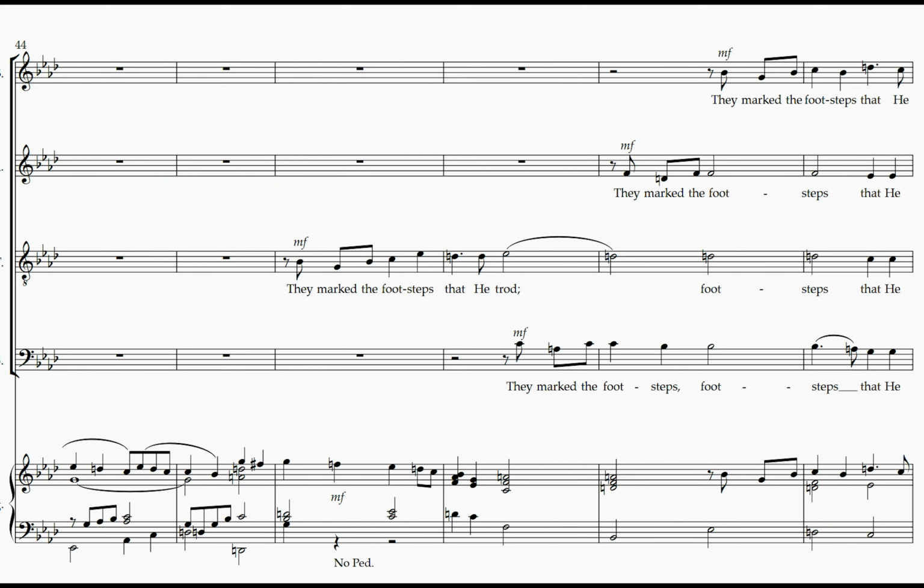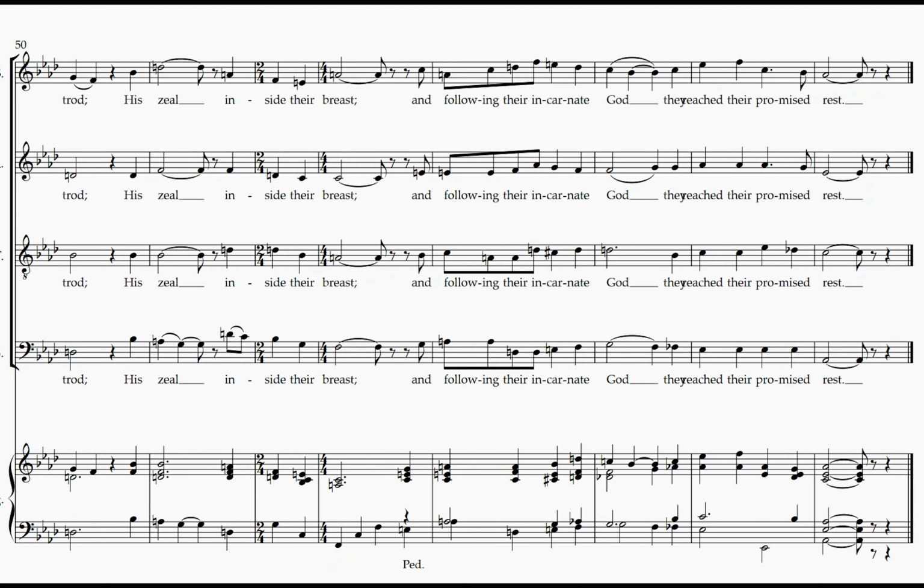They mark the footsteps that he trod, his seal inside their breast.